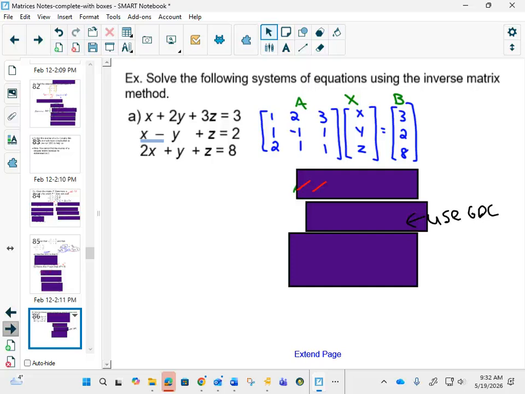If we put this into our calculator as A, and this into our calculator as B, can you set it up so you can solve for x with your calculator? I will put up the answer in a little bit.